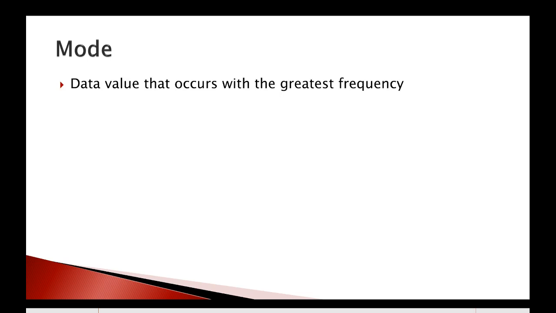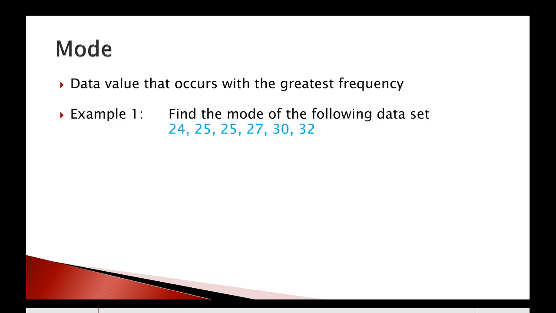Finally, we're going to talk about the mode. The data value that occurs with the greatest frequency is defined as the mode of a data set. Let's look at an example. Find the mode of the following data set: 24, 25, 25, 27, 30, and 32.